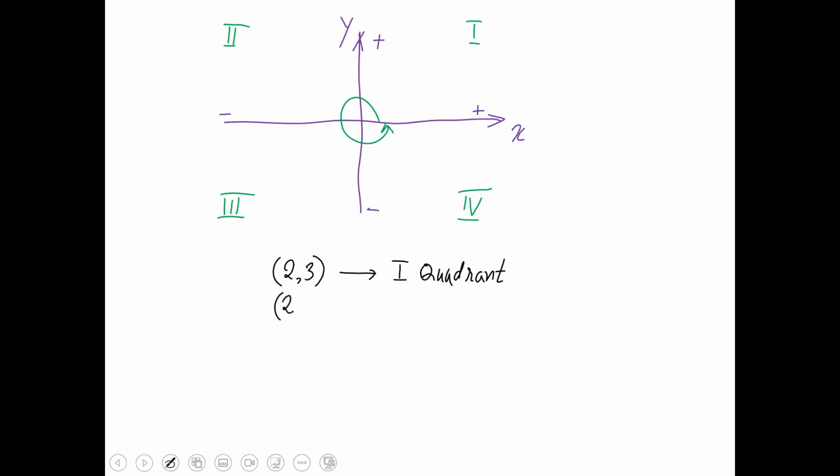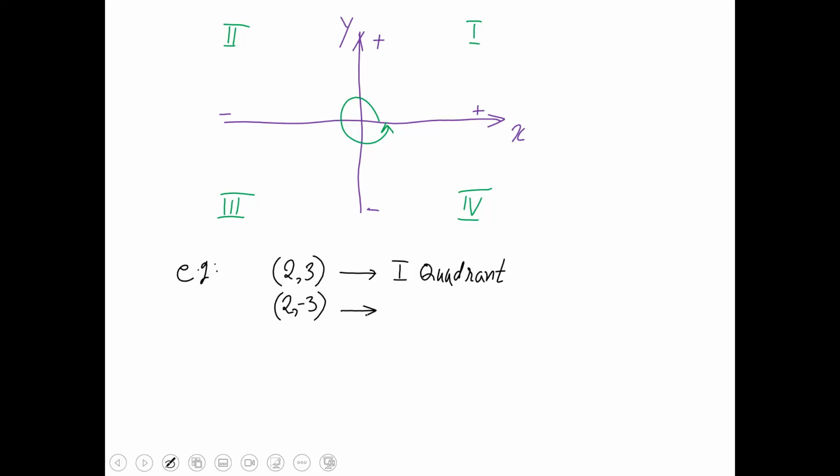Acha, 2 comma -3. Quadrant number 3. Are you sure? 2 comma -3. X is positive.